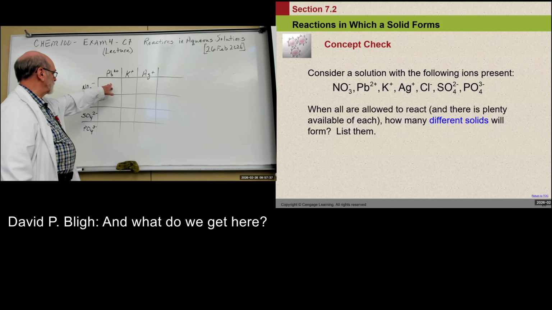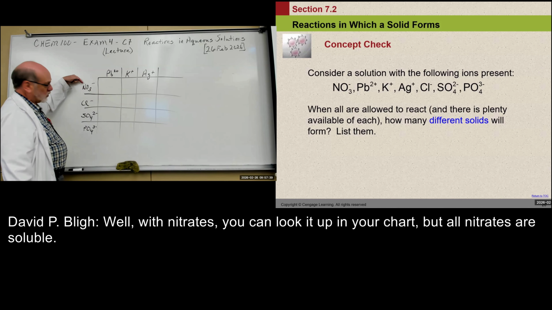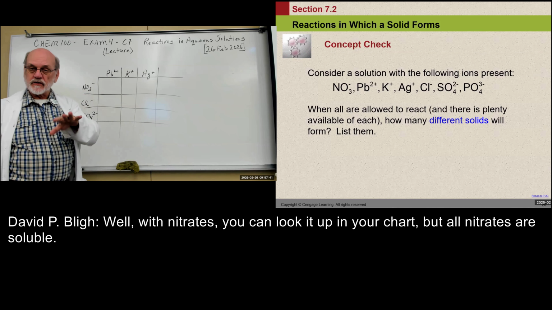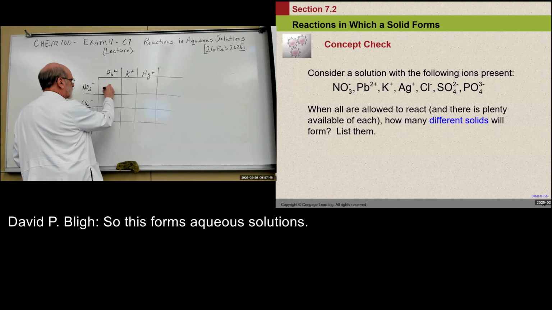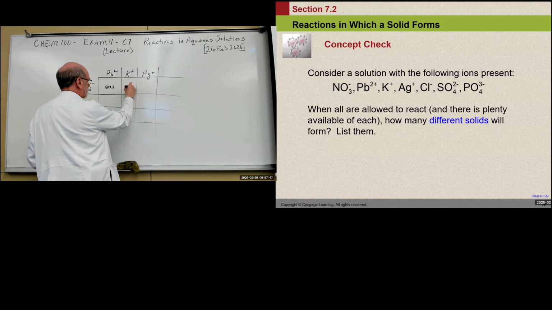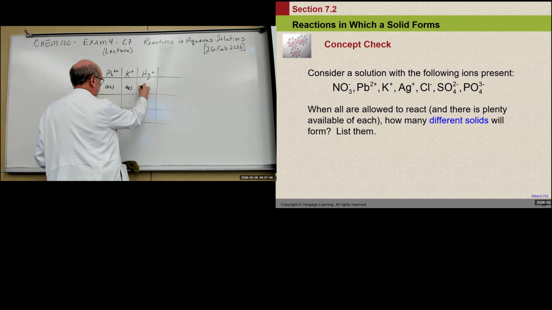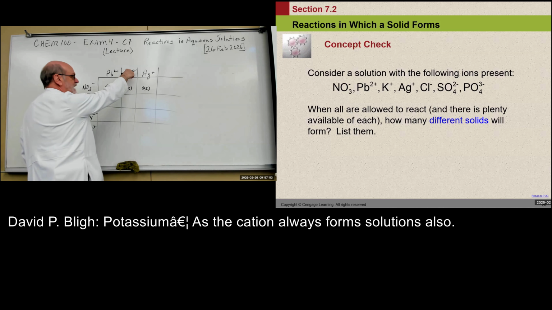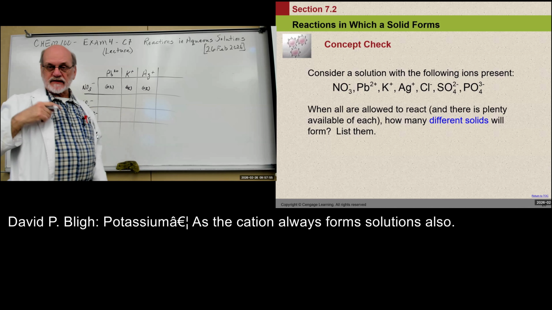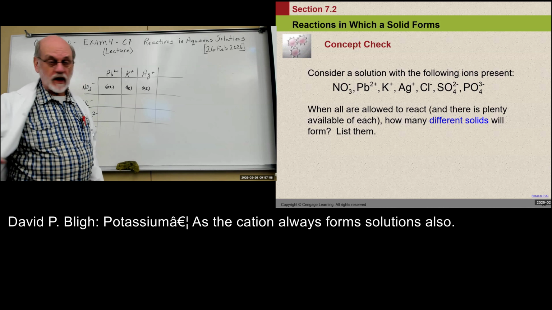And what do we get here? Well, with nitrates, you can look it up in your chart, but all nitrates are soluble. So this forms aqueous solutions. Potassium, as the cation, always forms solutions also.